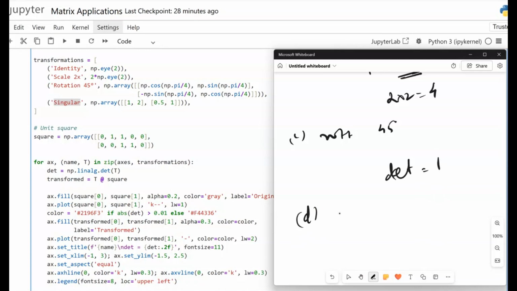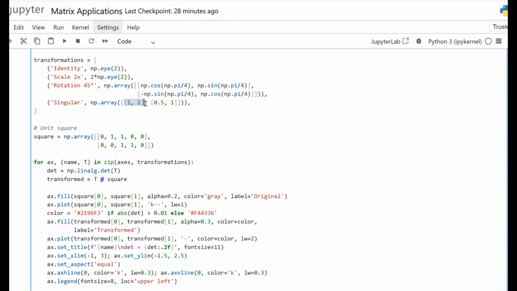And last but not least, we are going to discuss the singular matrix. Here, for the singular matrix, we have an array like 1, 2 and 0.5, 1.